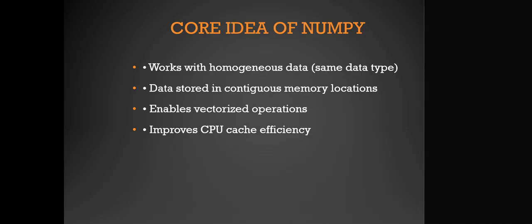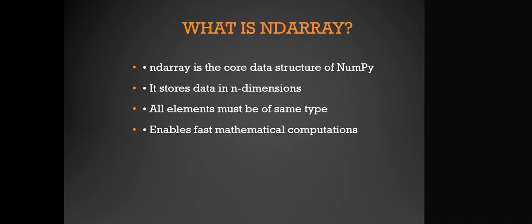It cannot have floats or strings. The data is stored in contiguous memory locations, which enables vectorized operations. We'll look at what vectorization is later in the video. It also improves CPU cache efficiency, which means the storage NumPy uses is very minimal and very efficient.